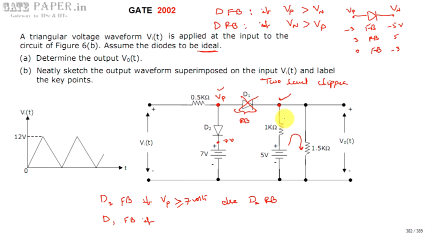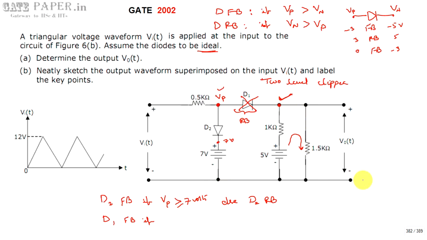So the 5 volts gives a current, which flows through 1 kilo ohm and 1.5 kilo ohms. Using the voltage division rule, the same current flows through 1 kilo ohm and 1.5 kilo ohms. The voltage across 1.5 kilo ohms is the voltage at this point.